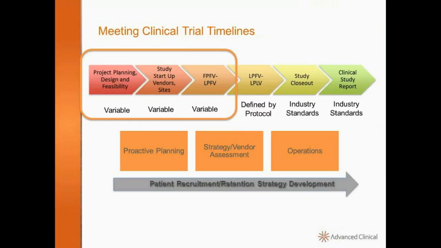It can be done by proactive planning, assessing vendors and engaging them up front to really foster a collaborative environment, and then ensuring an operational approach is implemented such that it will optimize the overall program and not just bits and pieces of the program.